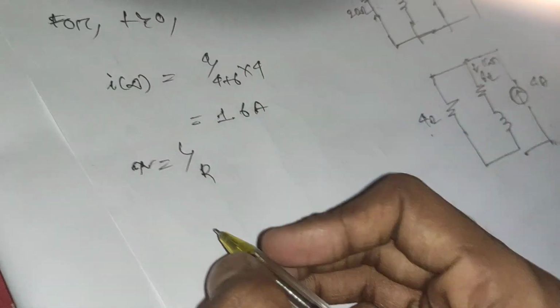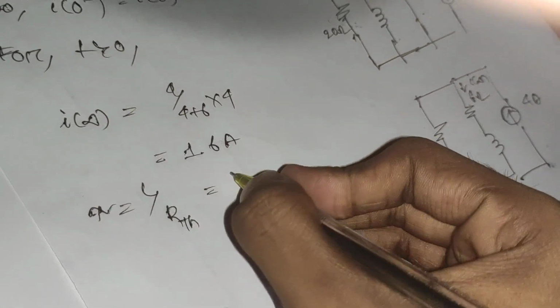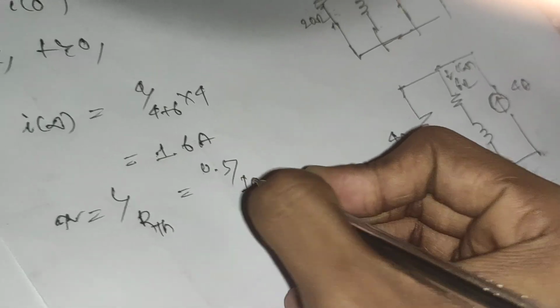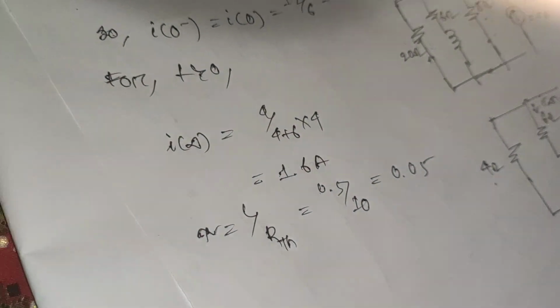So R equivalent, or R Thevenin, will be 10. So tau is L by R. The value of L equals 0.5. So 0.5 divided by 10 will be 0.05.